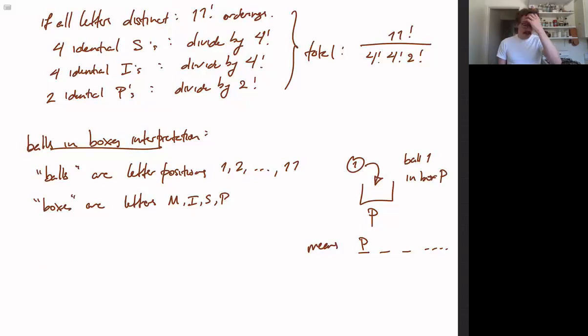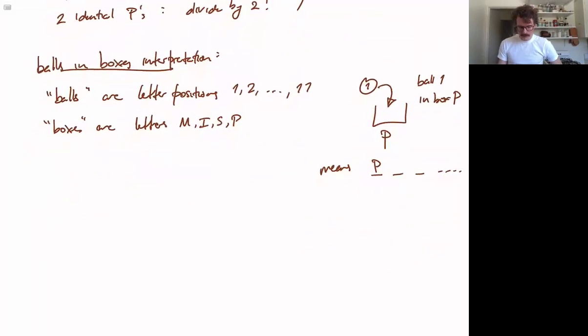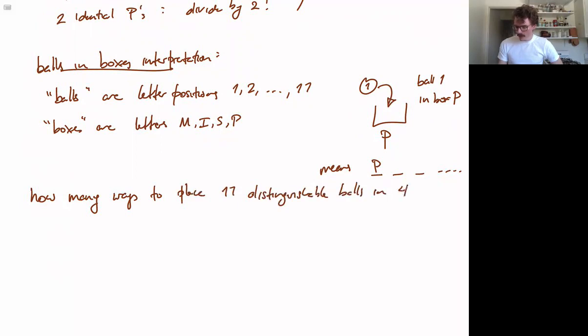So it may not be immediately natural to think of the positions in your word as being balls that you put in boxes. But if you start thinking about things this way, you will get used to it, and it will start to become familiar. So the problem becomes, how many ways to place 11 distinguishable balls in 4 distinguishable boxes?